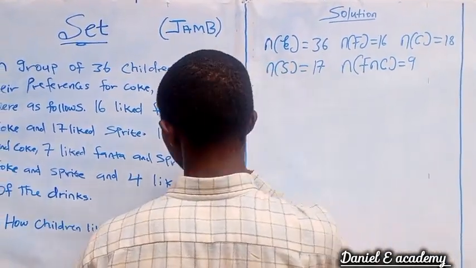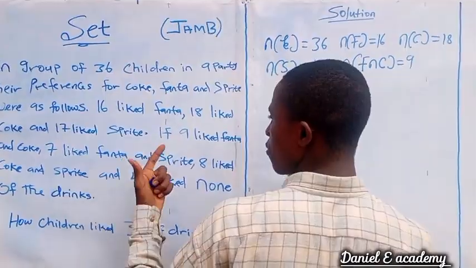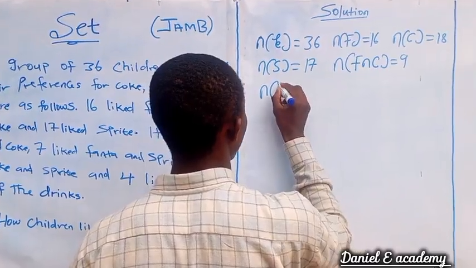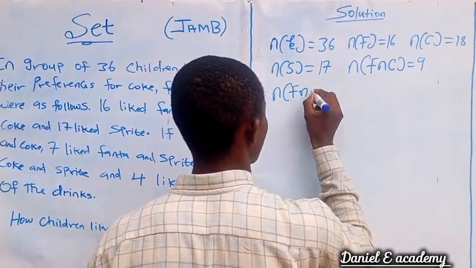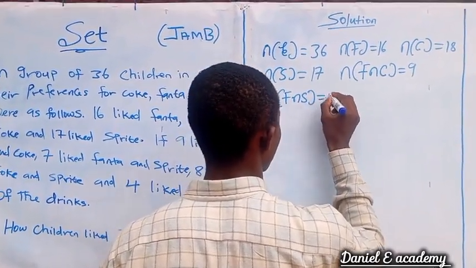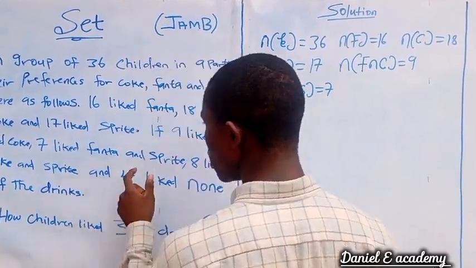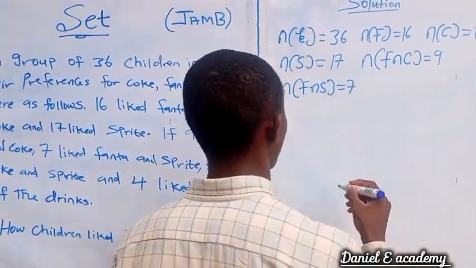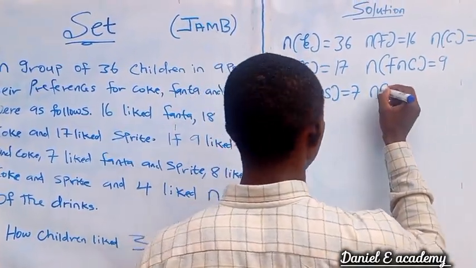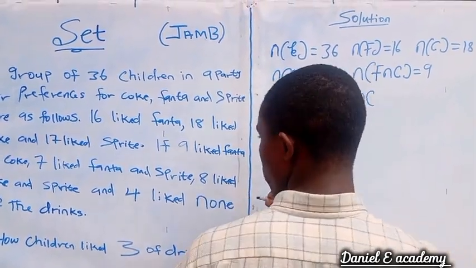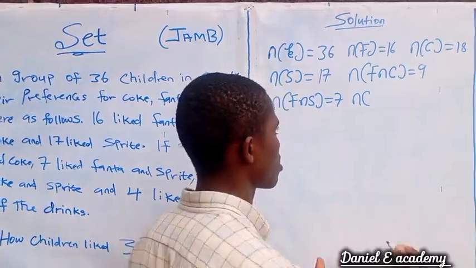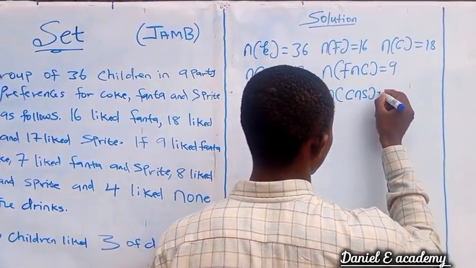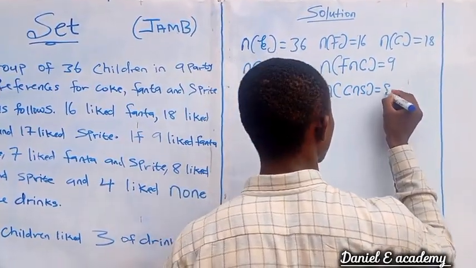Then 7 like Fanta and Sprite, number of Fanta intersection Sprite is 7. Then 8 like Coke and Sprite, Coke intersection Sprite. So Coke intersection Sprite is equal to 8.